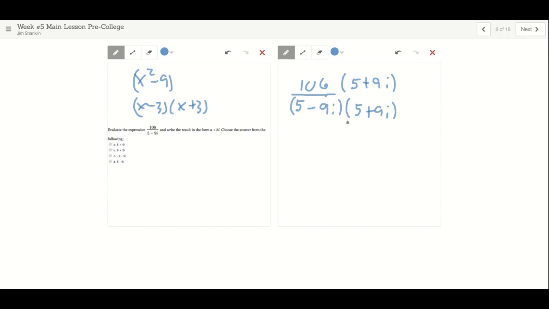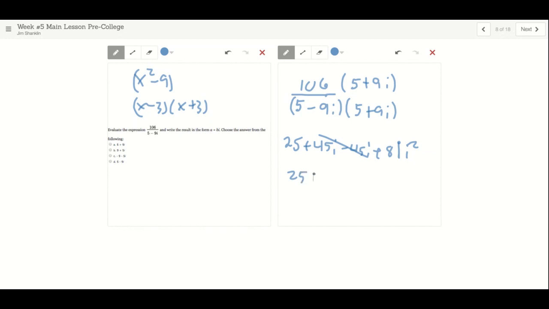Well, guess what? Same thing here. If I did FOIL on this problem, I'd end up with 5 times 5, so that's 25. Then I'd end up with plus 45i minus 45i. Those two terms cross out. And then I'm left with negative 81i squared. This i squared becomes negative 1, so this becomes positive 81.